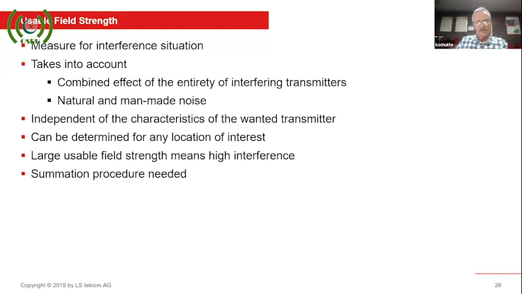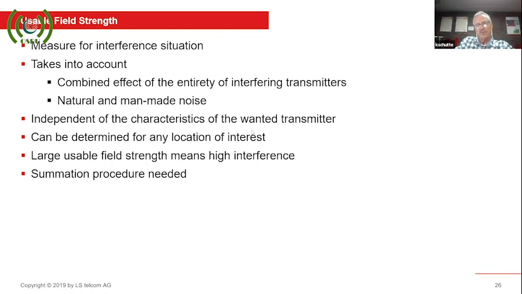So that affects the usable field strength. And then it also takes into account the man-made noise, that C over I level, and the noise below it. It's independent of the characteristics of the wanted transmitter. It's affected by the interference transmitters. It can be determined for any location. And this is very important.